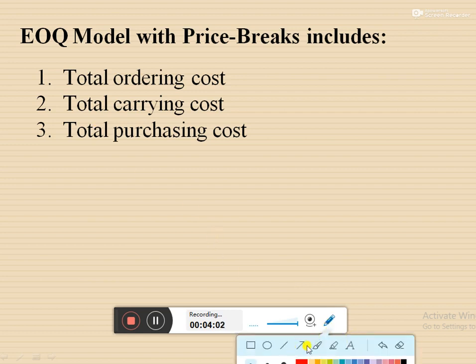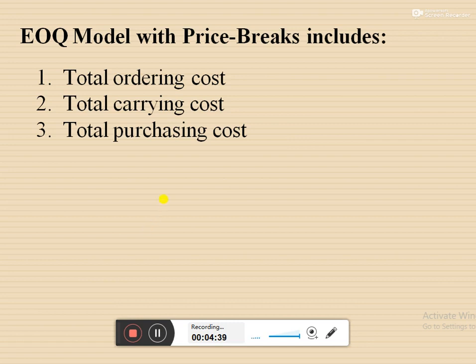First is the total ordering cost, as we considered in the classical model, and the total carrying cost, and third is the total purchasing cost. We would consider all these three costs to determine the optimal order level, that is economic order quantity. In short, we would opt for the order level which minimizes the sum of these three costs.